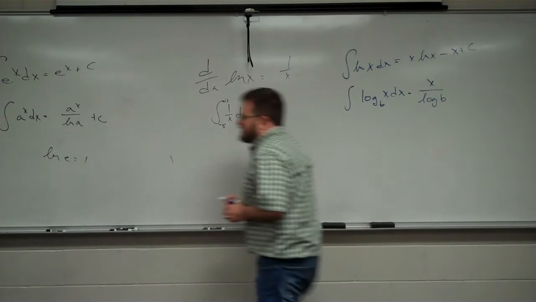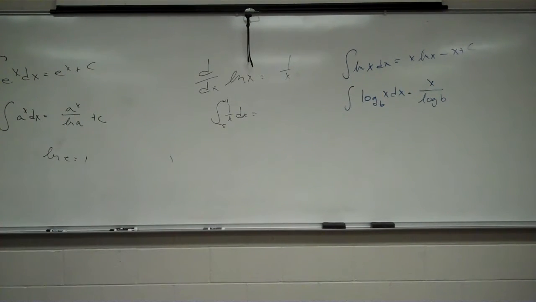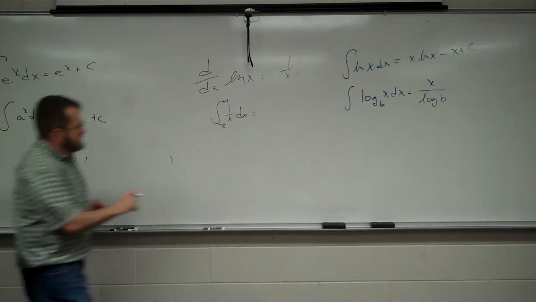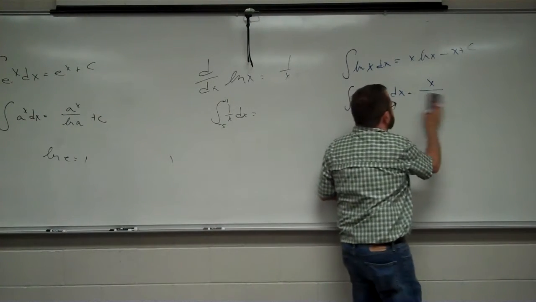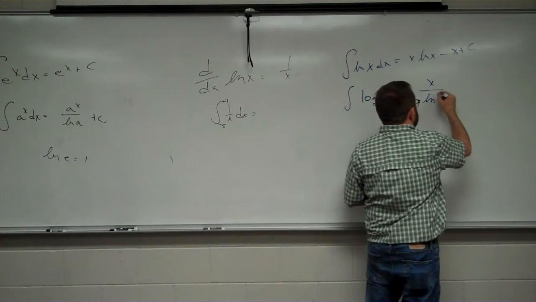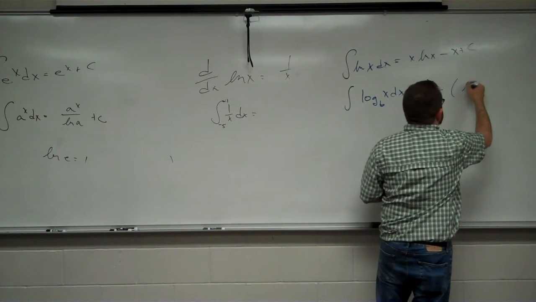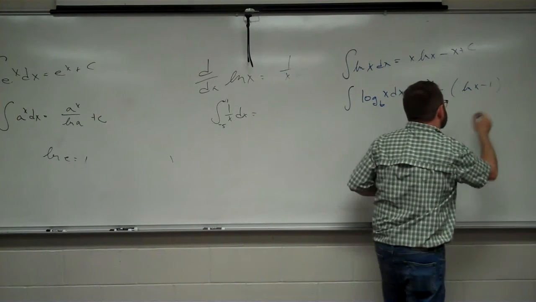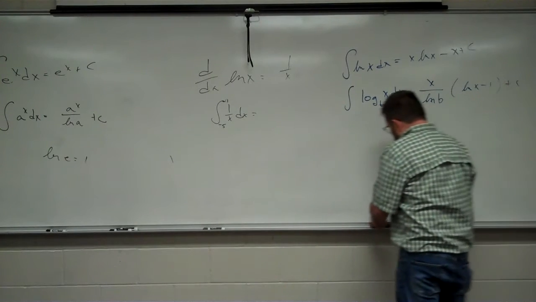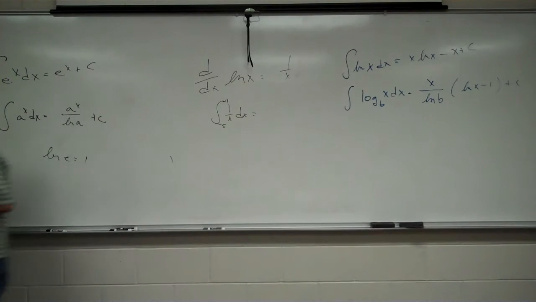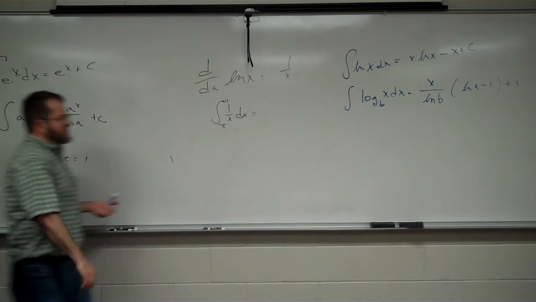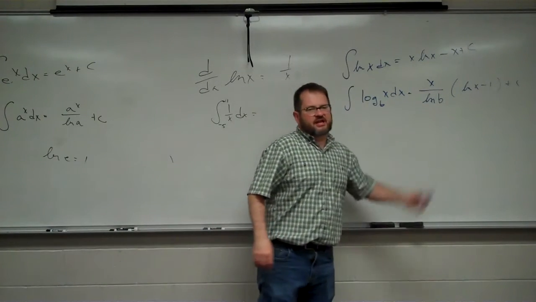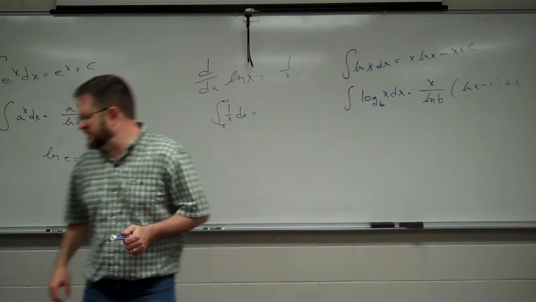What? That can't be right. Hold on. Natural log, okay. It's x over the natural log of b, times the natural log of x minus 1. Anyway, that's also on that same page, 601. It has that same example right there. All this is that change of base formula that you learned in pre-calculus. So that's a big deal.